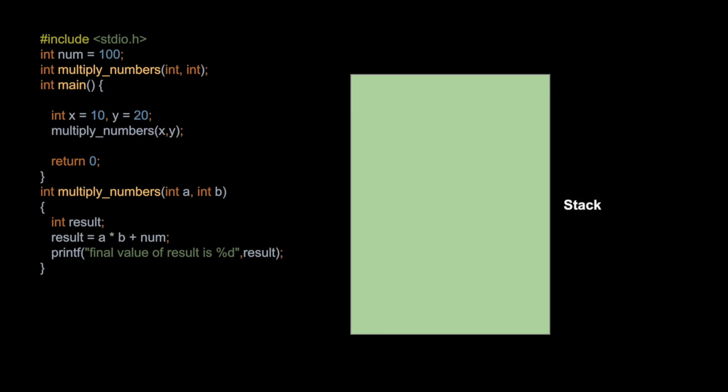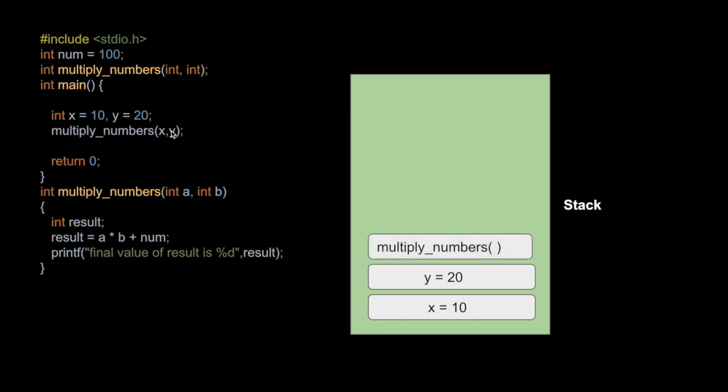At first the flow of control will point to the main function and the main function will get called. So the variables x and y will get stored inside the stack in this order. After this the flow of control will shift to this particular block of code and the function multiply number will get called. Then the variables a and b will have the values of the variables x and y. So these variables will also get stored inside the stack in this order.